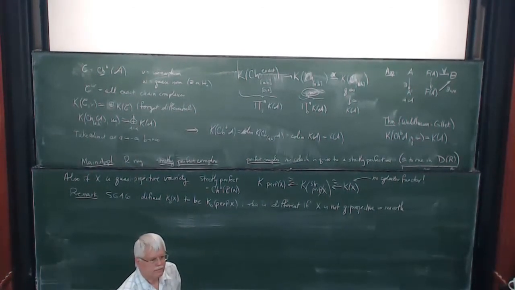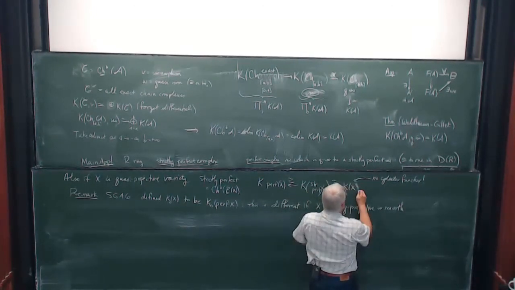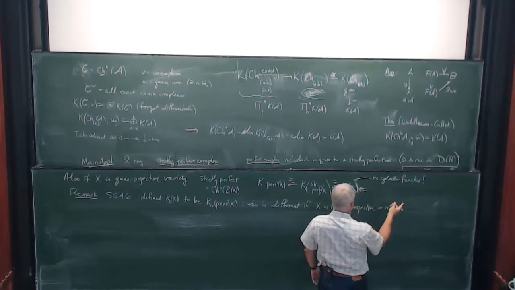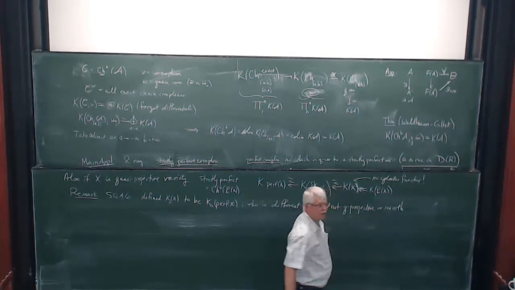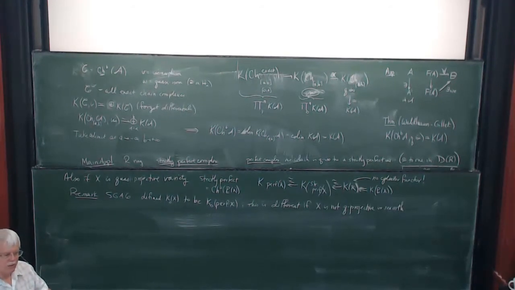Yes. So the K_X on the right-hand side is defined as the Waldhausen K-theory of vector bundles. Not the definition of... So by this, what I mean is the naive K-theory. So this is the K-theory of vector bundles on X. Yes. So if you're not in some sort of a nice geometric setting like a quasi-projective variety. So a quasi-projective variety is just a variety that is embedded into some projective space, either as a closed subvariety or an open subvariety or an open subvariety of a closed subvariety.